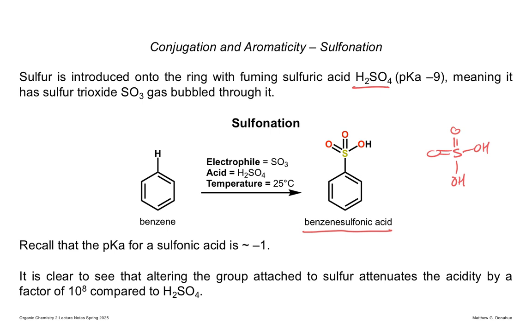It has some carbon stuff in it, which makes it soluble in organic solvents. The electrophile for sulfonation is SO3, sulfur trioxide. And really all that is, it's bubbled into sulfuric acid. And so it's putting an SO3H group on there, a sulfonic acid.